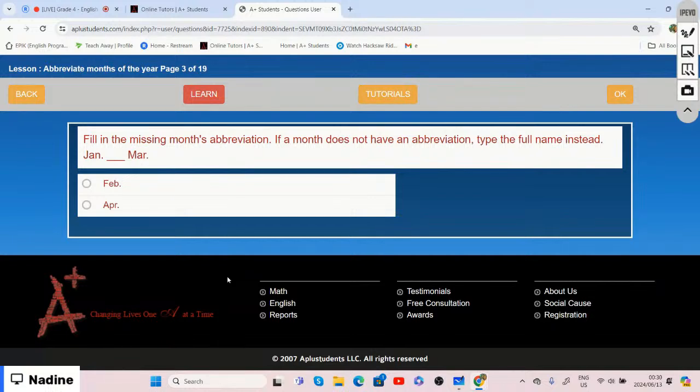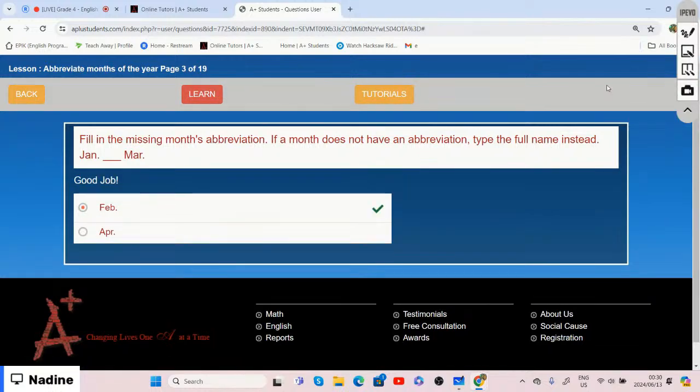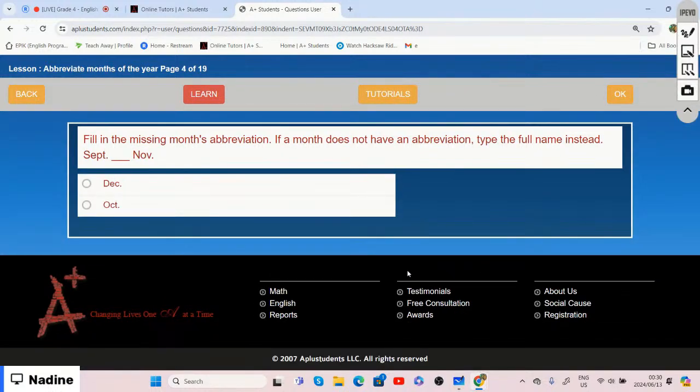All right. So we said it is Jan, Feb, March, right? Then we have September. Do we say December, November? Or do we say September, October, November? Which one is the correct one over here?